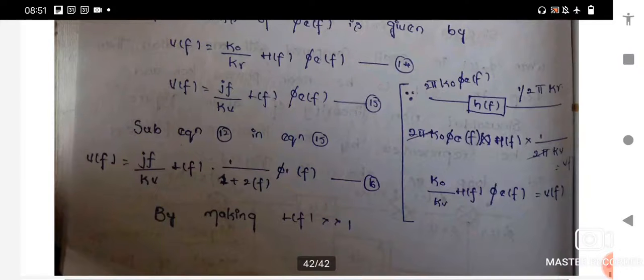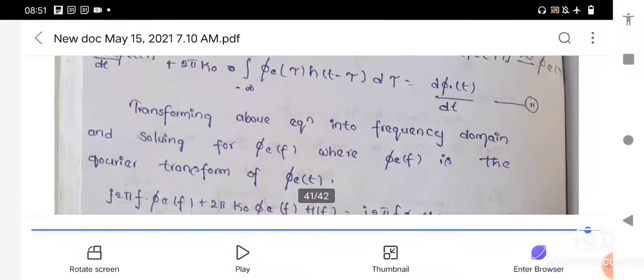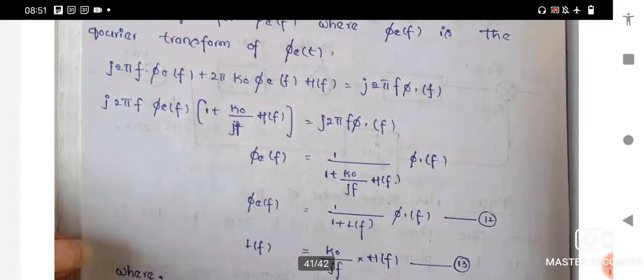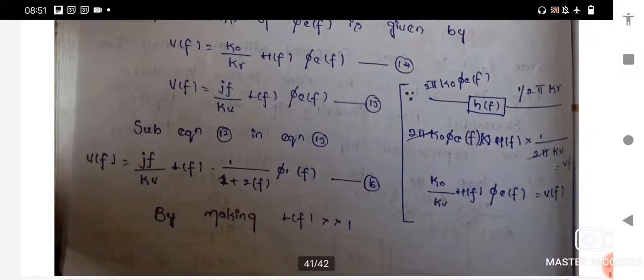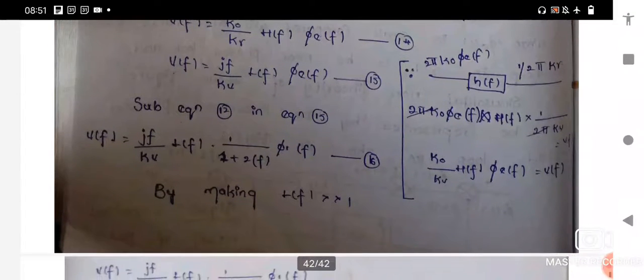So substitute equation 12 in equation 15. So what is equation 12? φe(f) equals 1 by 1 plus L(f) into φ1(f), that is equation 12. So that equation 12 is substituted in equation 15.